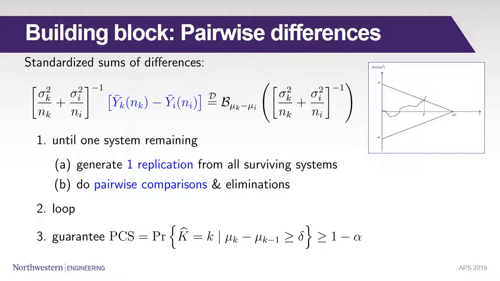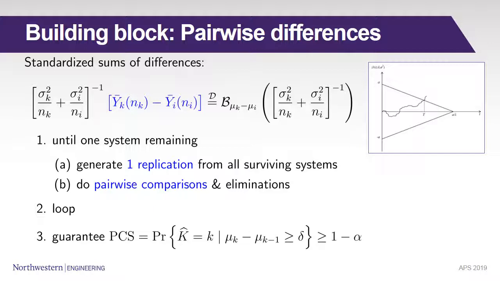Using this kind of approach, many classical ranking and selection procedures work like the algorithm shown below. Until one system is remaining, generate a single replication from all currently surviving systems. Do pairwise comparisons like what's shown above, eliminate any systems that cross some important boundary, and continue until just one system remains.